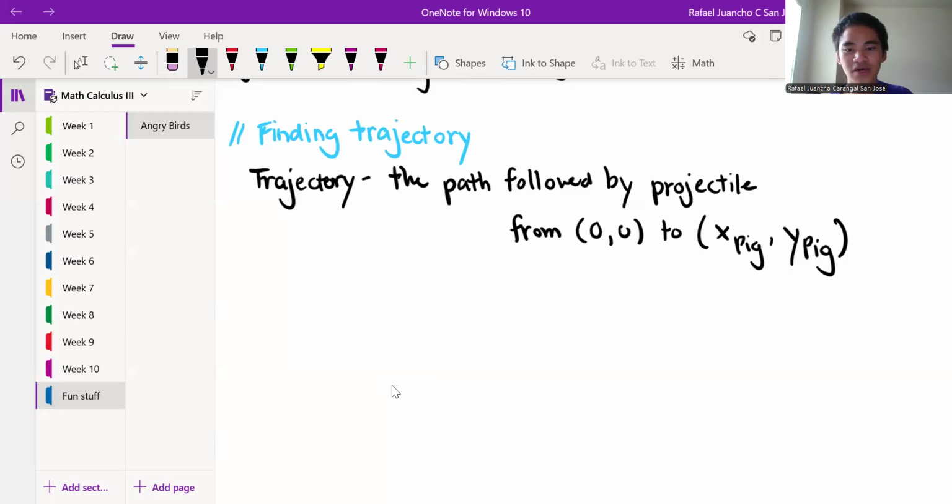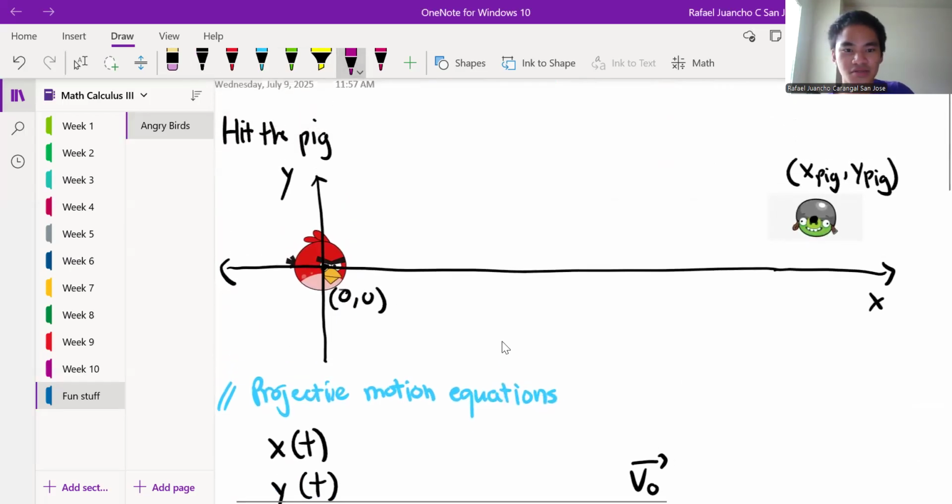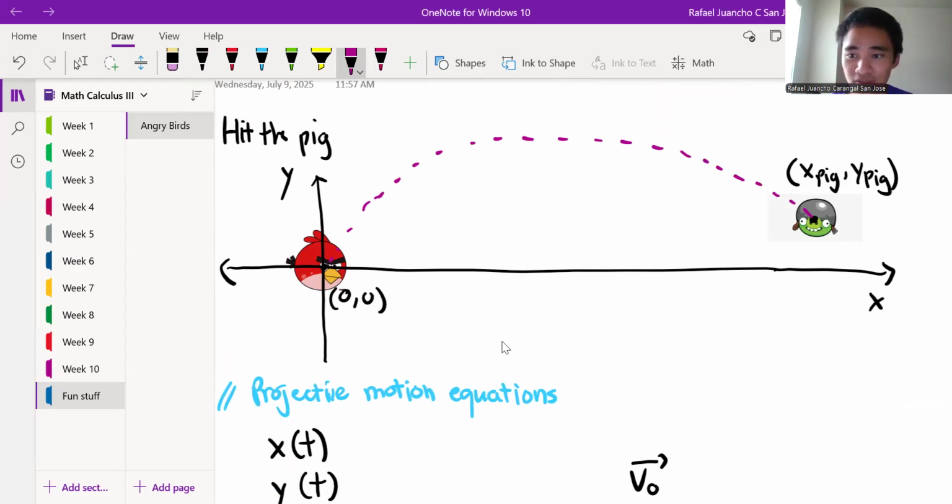So that's what we want to do. Now, how do we find this trajectory? So let's say I start at 0, 0. I go somewhere up, and then due to gravity, I go down. And that's the trajectory. Now, how do we find that?